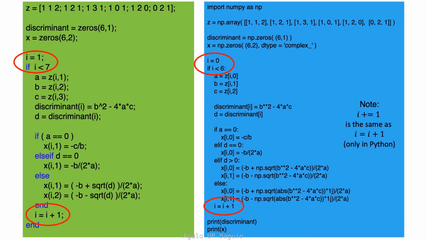The statement I equals I plus 1 means that the program should add 1 to the current value of I before going to the next statement. In Python, you can also write I plus equals 1 instead of I equals I plus 1. When you run this, you'll find that this does not work at all after the line I equals I plus 1.